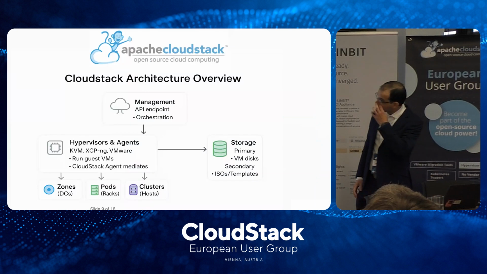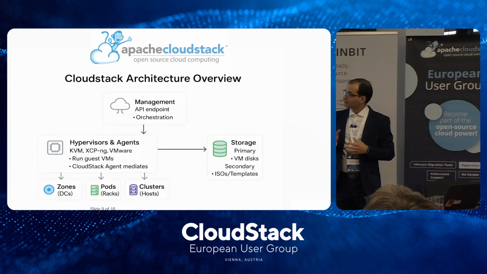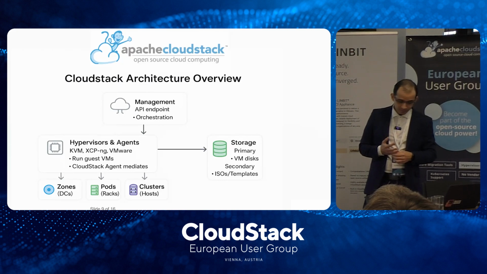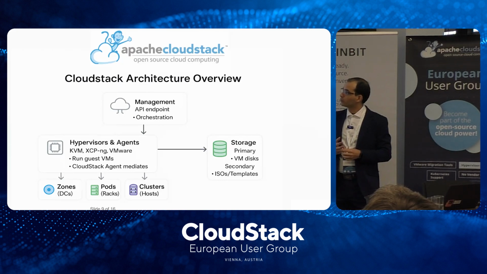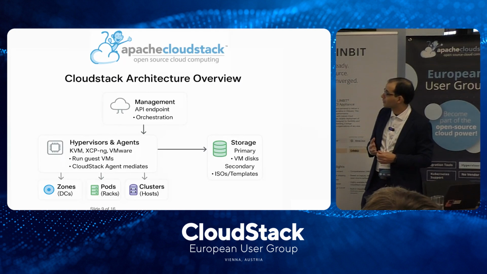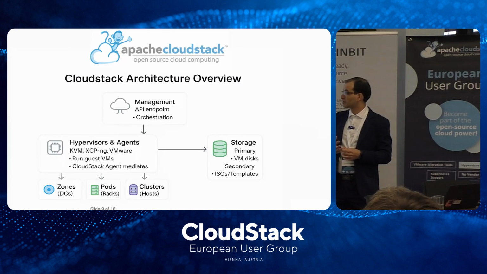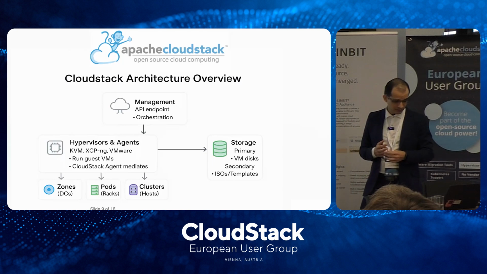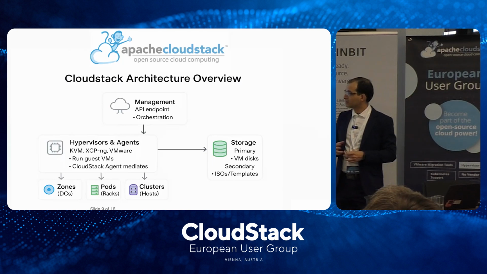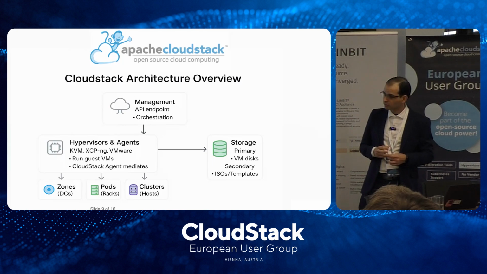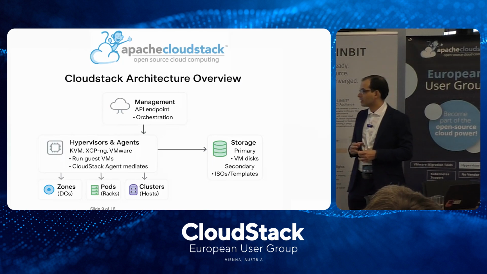Let's take a quick look at the architecture of CloudStack. We will have a VM, a virtual machine, where we will have installed the CloudStack management server. There, of course, is the API endpoint, and all the orchestration of the platform is done there. We have the hypervisors.